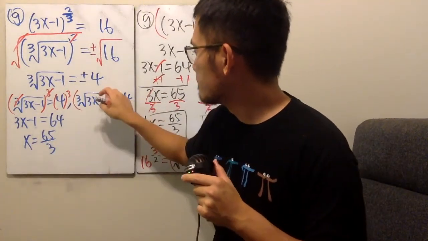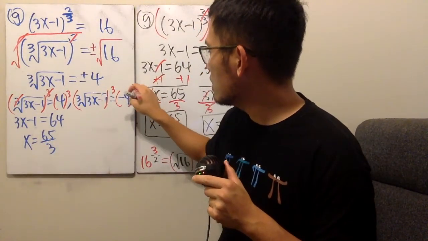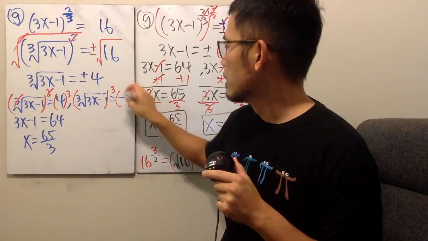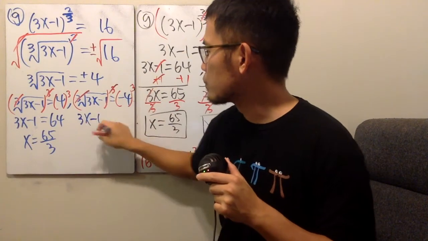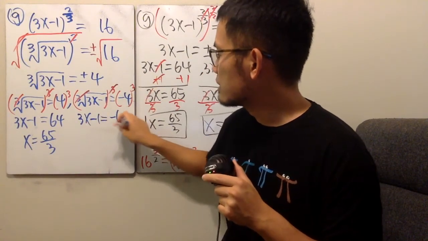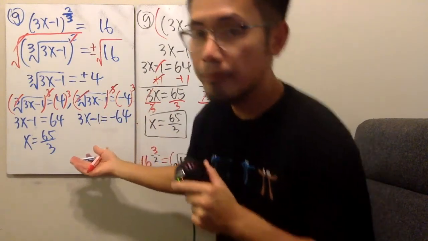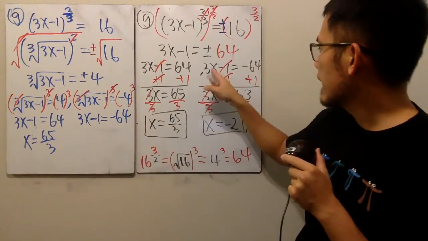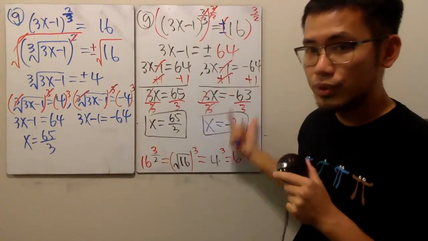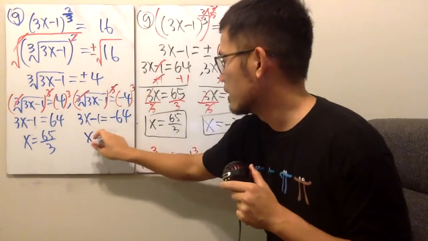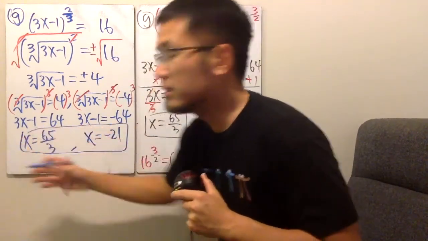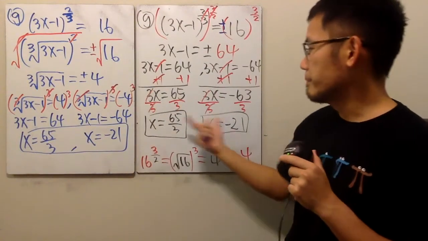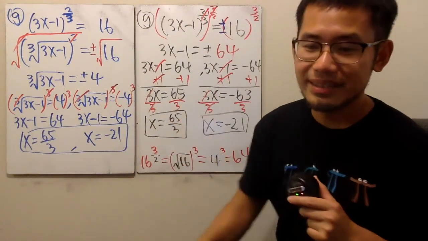Here, you raise both sides to the third power, so that this and that cancel, and we get 3x minus 1 equals negative 64. And you see, this and that equation are the same, so you know the answer will be negative 21. So x equals negative 21, and we have our answers right here. And in either case, be sure you end up with two answers.